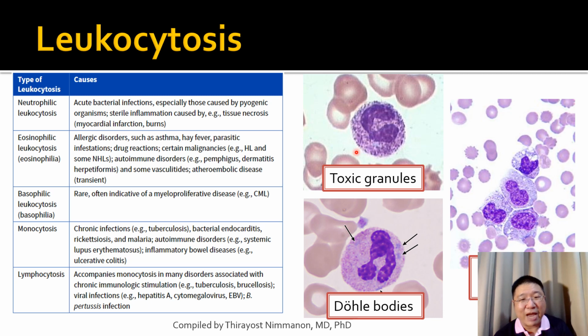So we may see abnormal granules like this, and sometimes we may observe Döhle bodies. Right? So these Döhle bodies are aggregates of residual RNA within the cytoplasm.